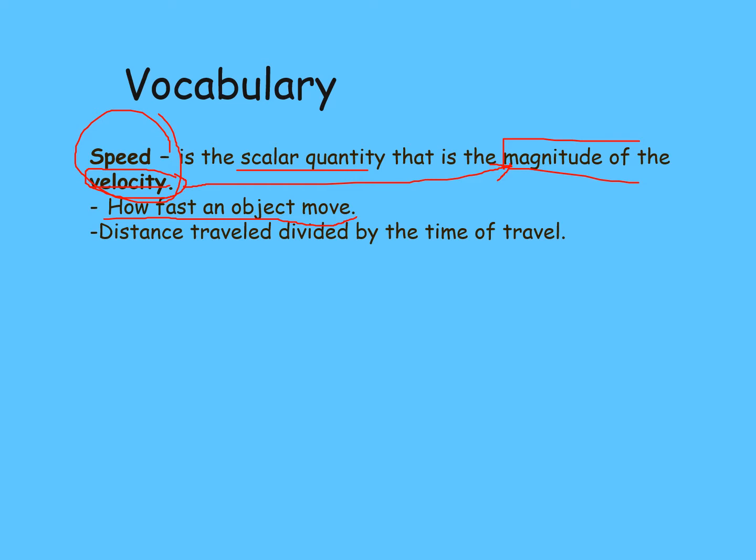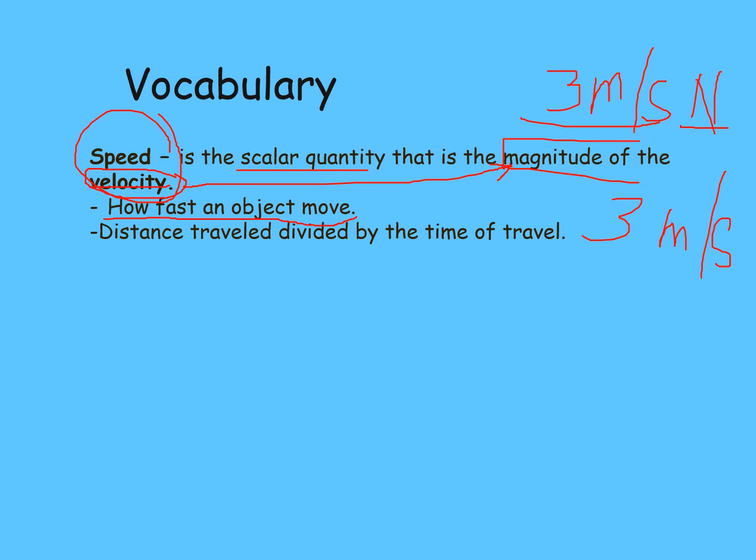An example of speed is 3 meters per second, and velocity is like 3 meters per second north. So we have the magnitude and the direction of the movement.